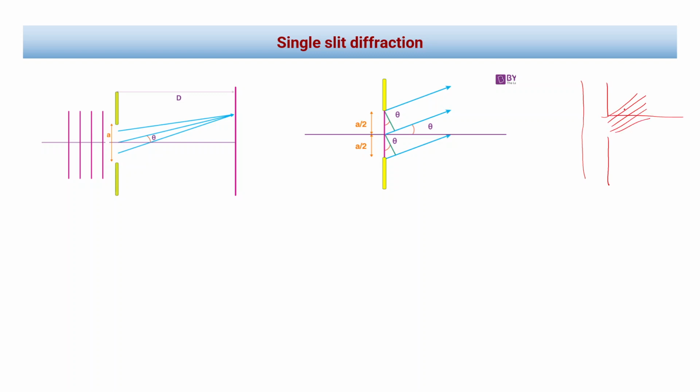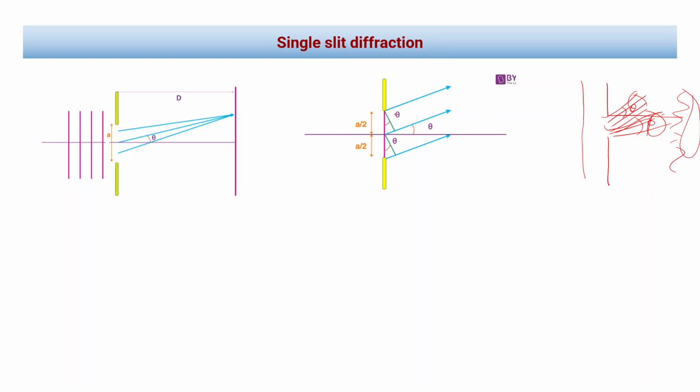Some will be bending at theta angle, a lot will be bending at angle theta and will be parallel to each other. There will be many such which will be bending at say phi angle and will be parallel to each other. So from this we will get one set, from this we will get one set, and then as a result we see the patterns that we will see what we will obtain.